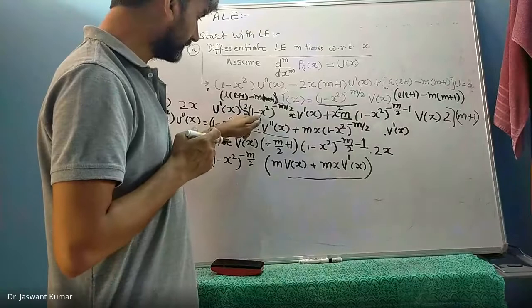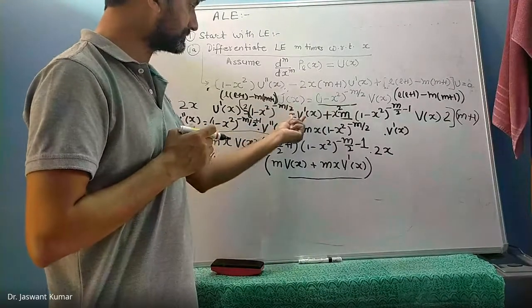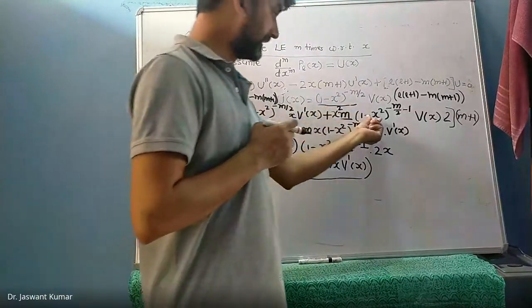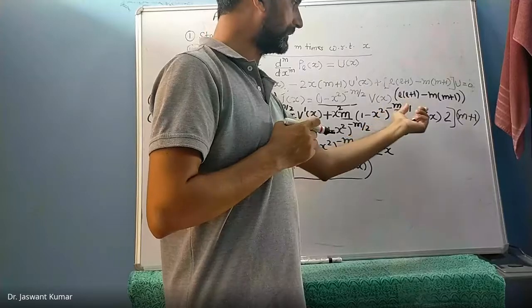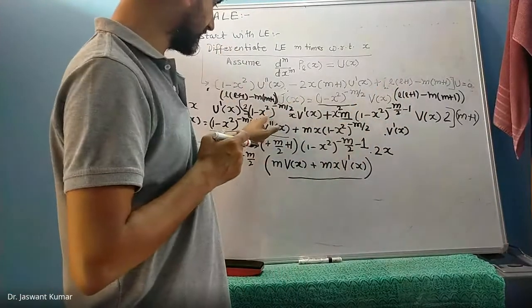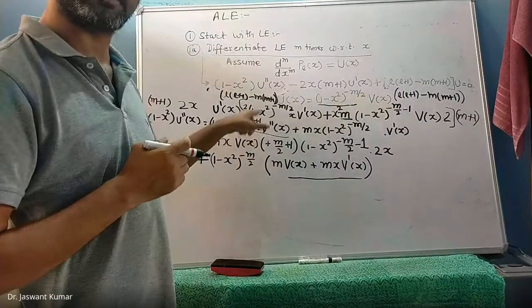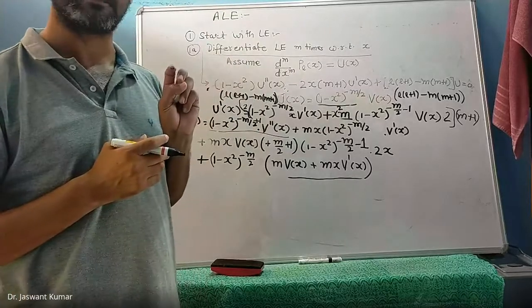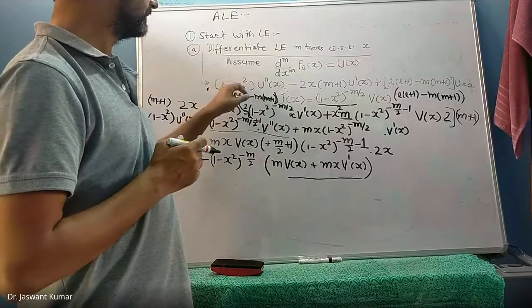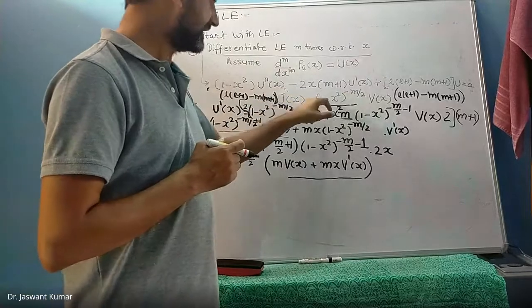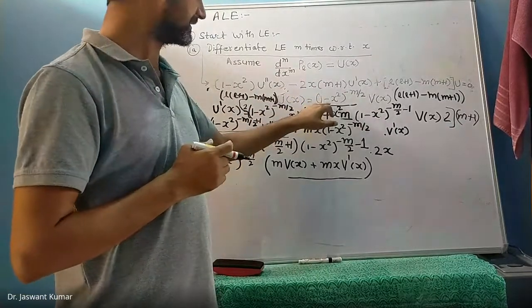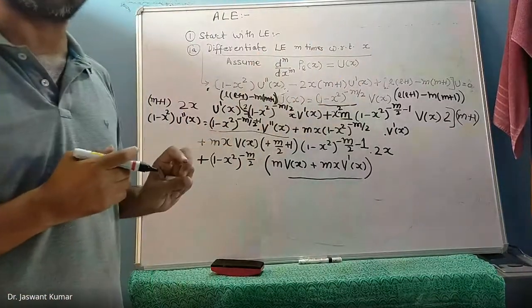Let us go and check this. This term 1 minus x squared to the power minus m by 2 is multiplied with the first term. It is multiplied with the second term. So this term also has an overall common factor which is 1 minus x squared to the power minus m by 2. The third term was this. This term also has an overall factor which is 1 minus x squared to the power minus m by 2.